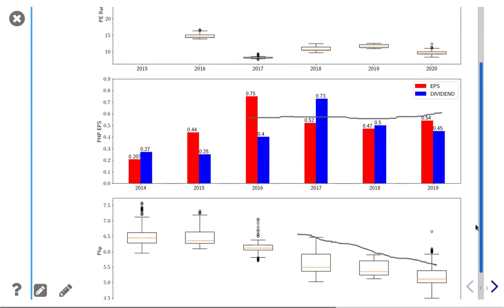The only logical reason is the level of earnings. The earnings went down from 0.52 to 0.47, and then up to 0.54, I'm sorry. So it's fluctuating, a small change, but it is well reflected in the range of the stock price.